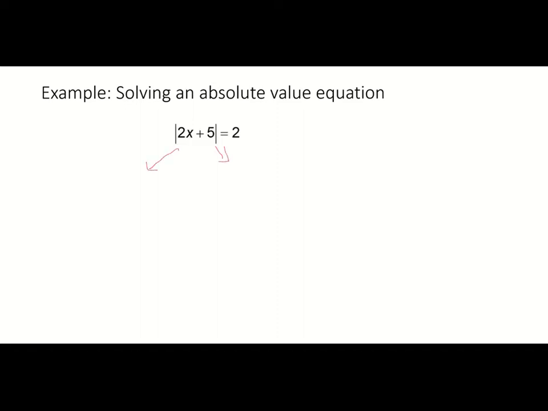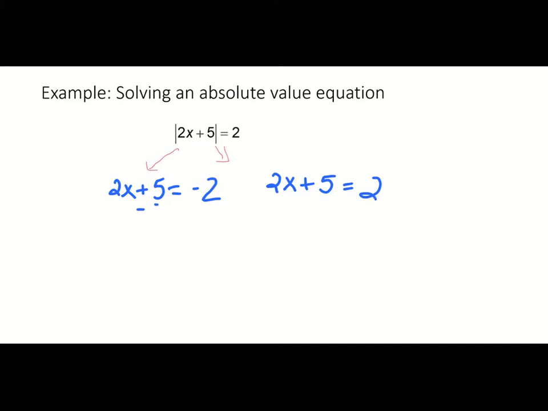We have to say that our equation 2x plus 5 is equal to -2, because remember, the inside can be equal to a negative number, because when you take the absolute value, it becomes positive, or 2x plus 5 equals +2. So you have to create those two equations, and you'll have a question on your test where you'll have to do this as well. So now that we've created these two equations without the absolute value symbols, we're going to solve them.